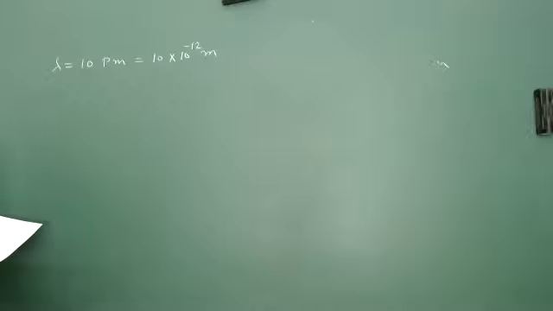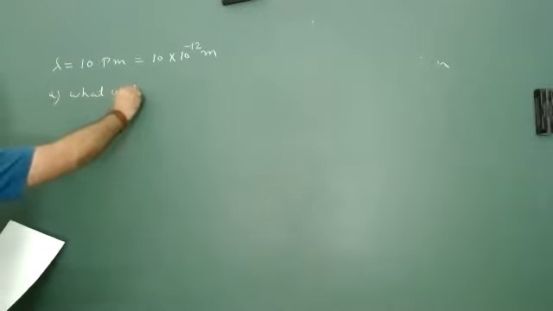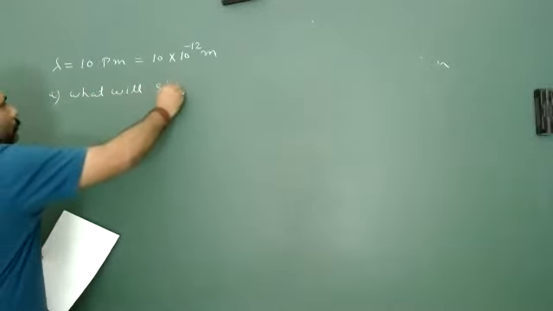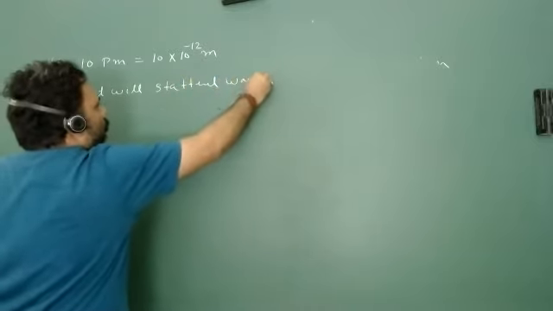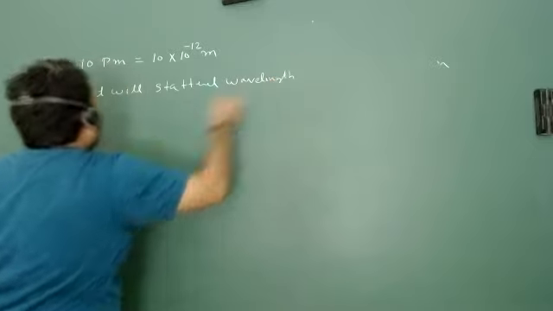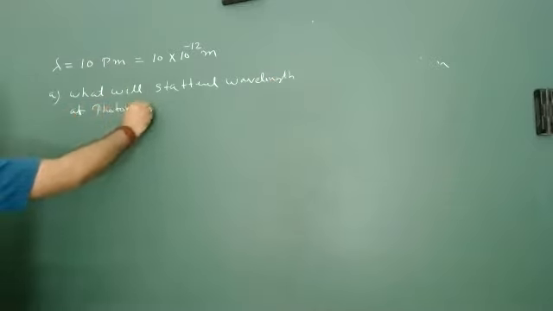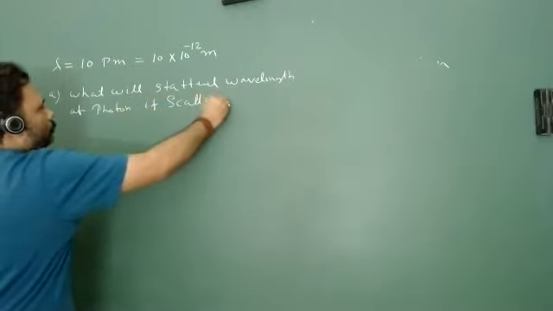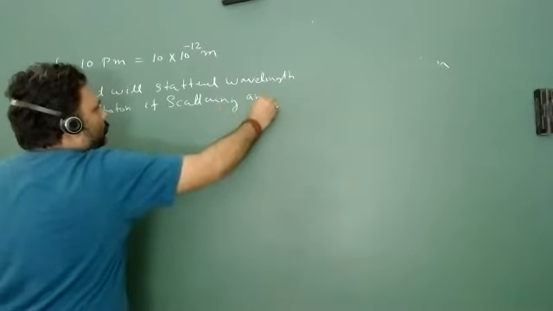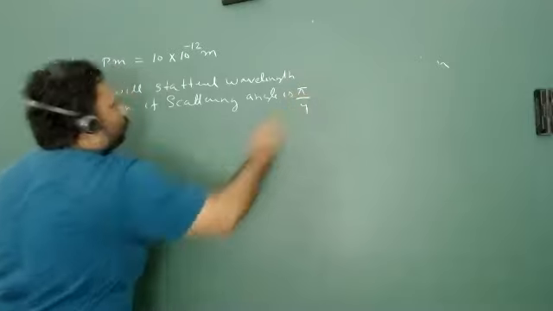So the first question given is, what will be the scattered wavelength of the photon if the scattering angle is pi by 4, means 45 degrees.